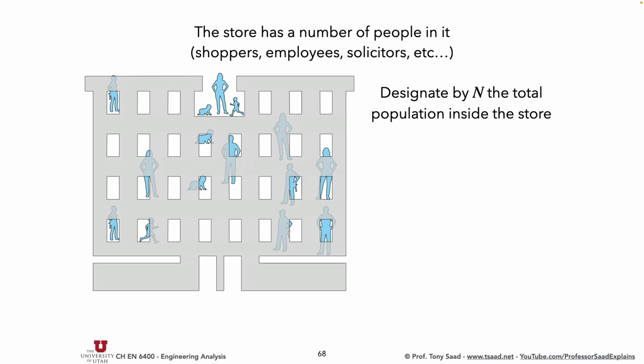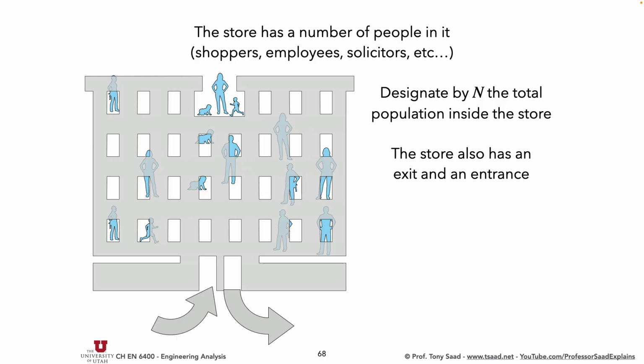And assume that we have n people in there. That's the total population inside that department store. Okay? So this is an example of how to think about systems of ODEs. This is the classic way of thinking about kinetics and concentration. Okay? So this applies directly to kinetics.